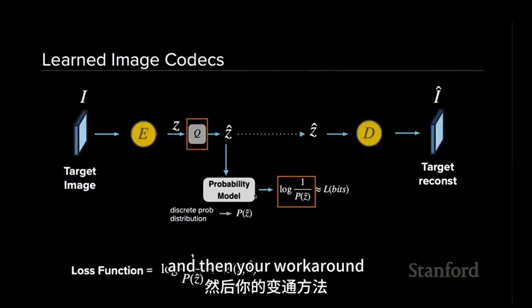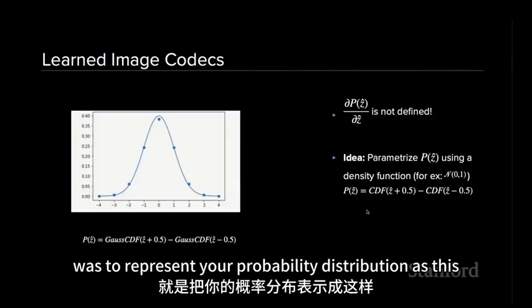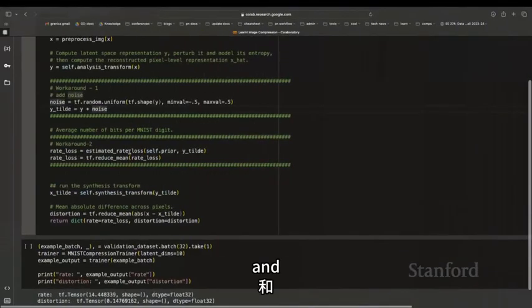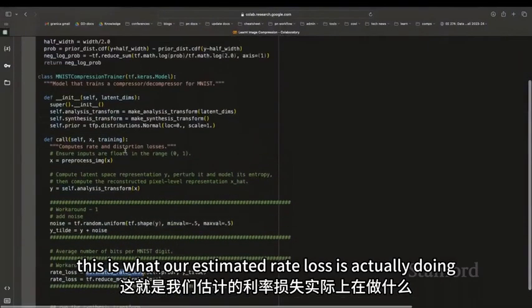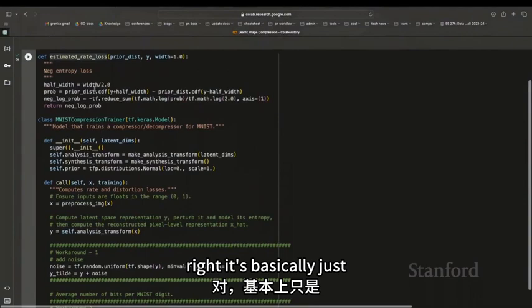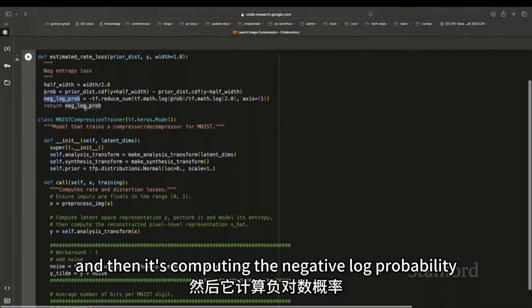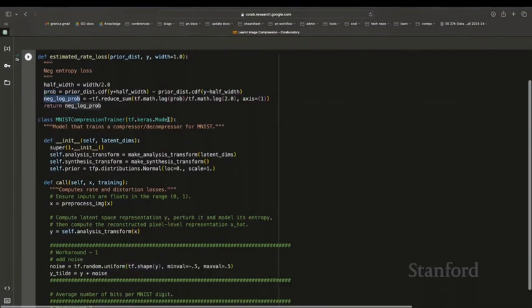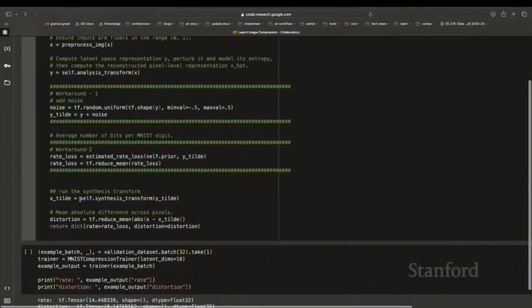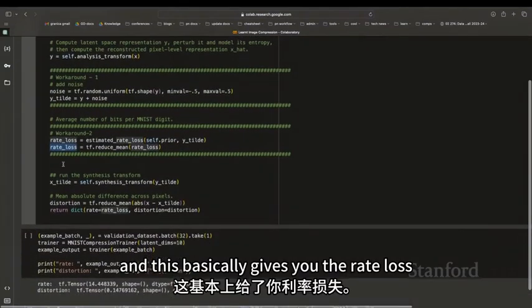Then workaround 2 was to represent your probability distribution as CDF a minus CDF b. And this is what our estimated rate loss is doing. It's computing probability as the difference of two CDFs, and then computing the negative log probability. And this gives you the rate loss.